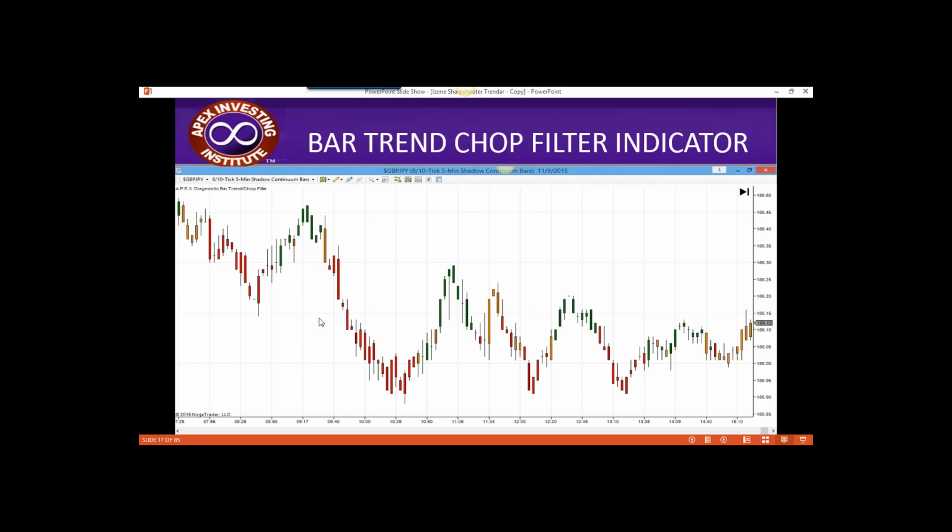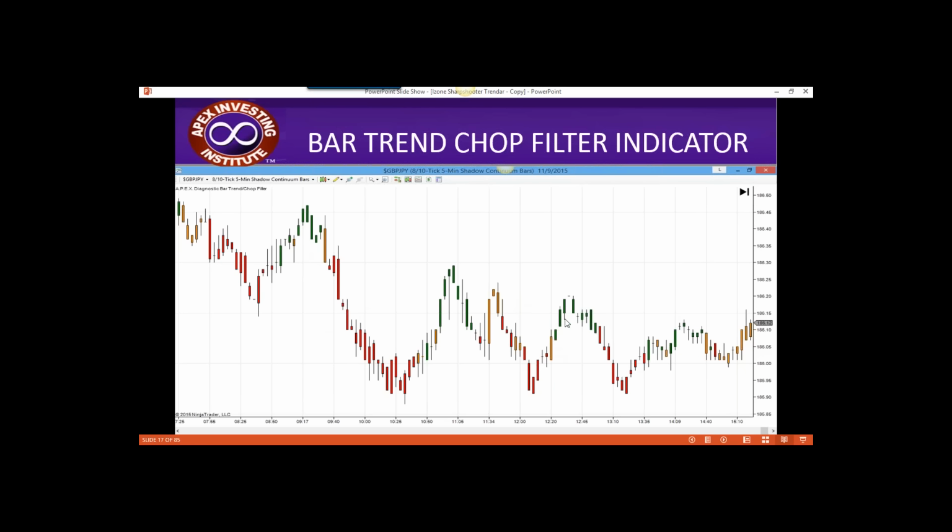Basically, what this indicator does, all right, it paints the bar the color of the trend as opposed to the color of the bar close, all right? For example, look right here. Up green bar, up green bar, up green bar, up green bar. What is this? It's a down green bar.